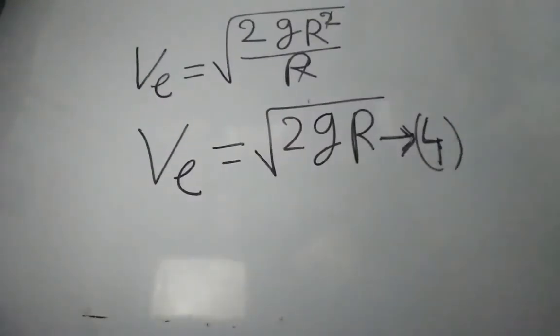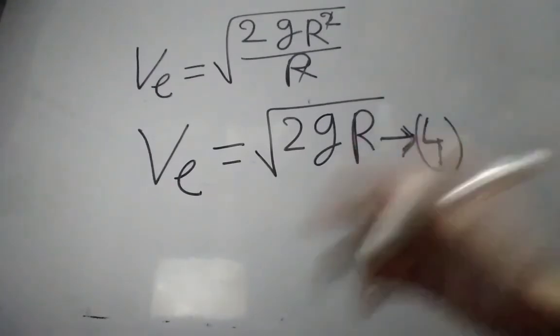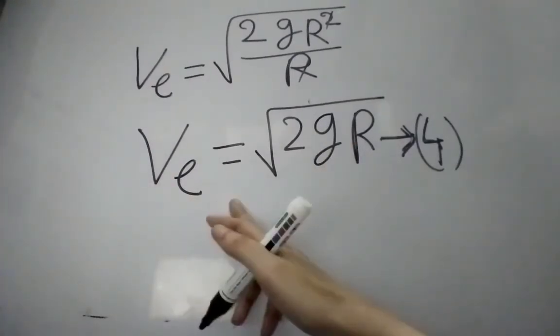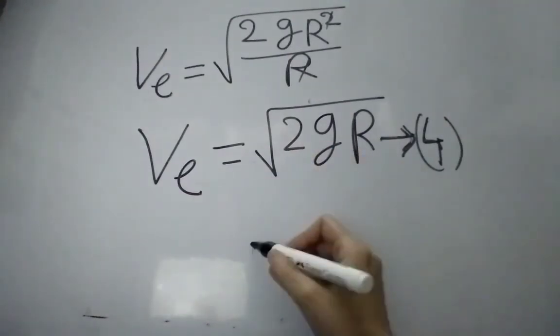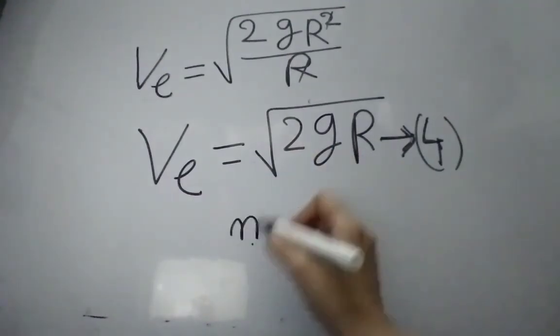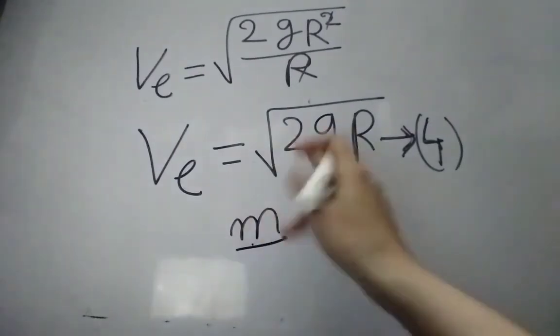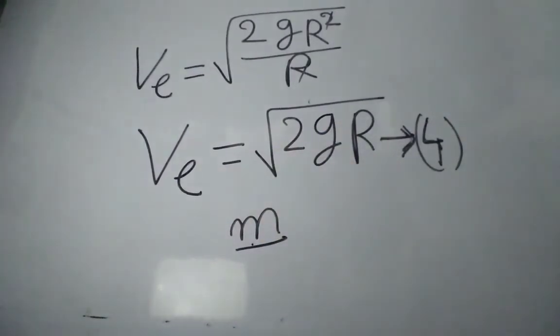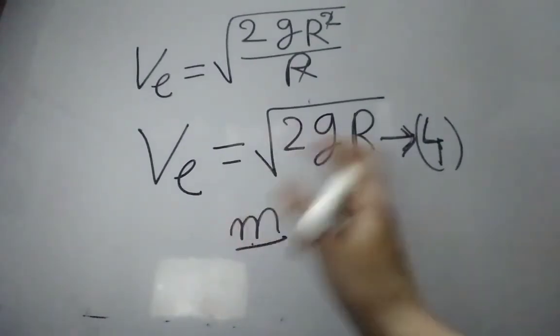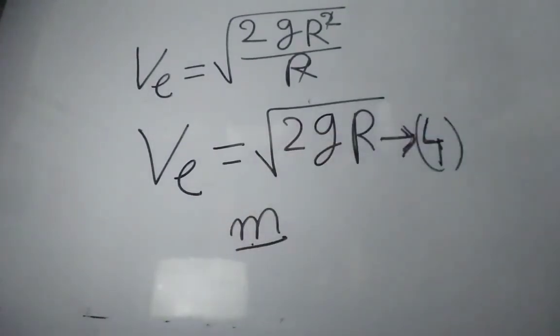Now from the expression of escape velocity, we can conclude that the escape velocity is independent of the mass of the object, that is small m, and this equation is valid for any other planets, that is we can calculate the escape velocity of any other planets using this equation.